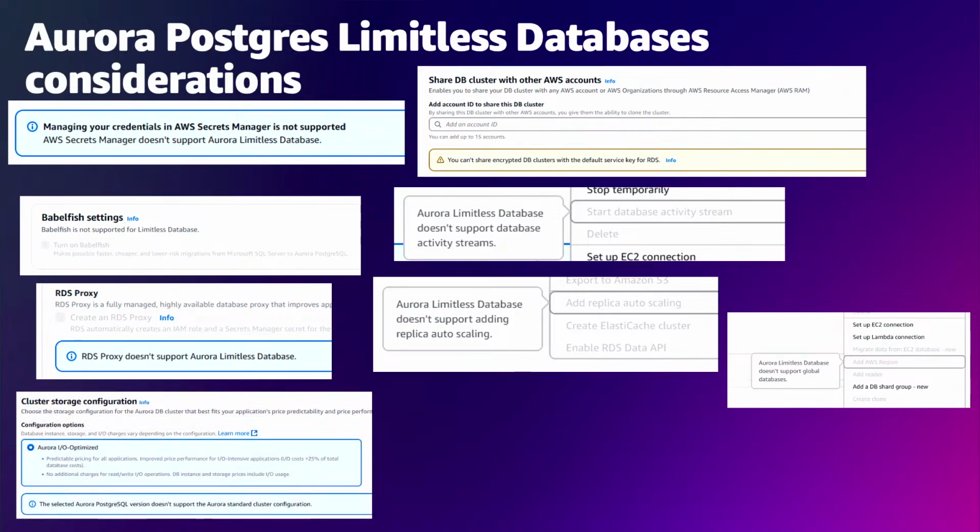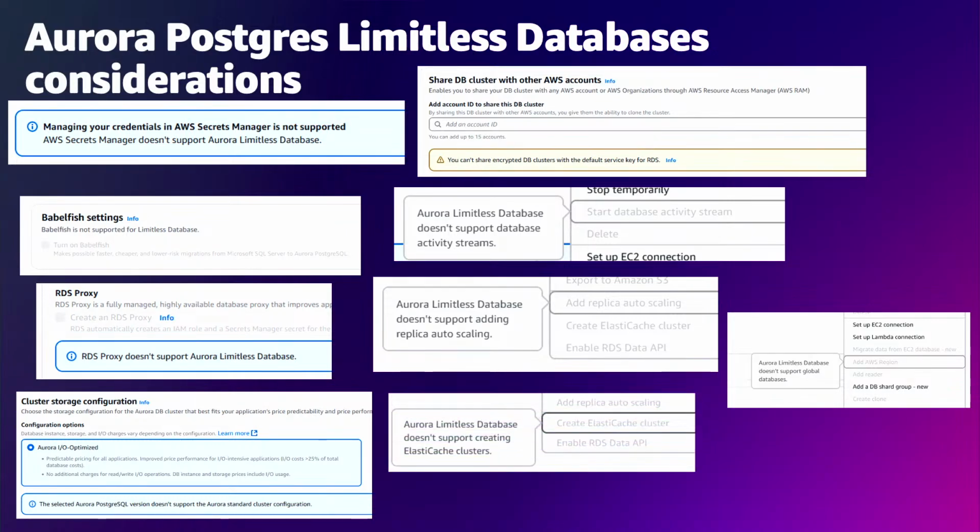And then there is also, it doesn't support the normal storage for Aurora, so you need to pay more for the I/O. And the last one, it doesn't support any type of caching. If you try to go from the other side, RDS Proxy doesn't work, can I use ElastiCache? Nope.